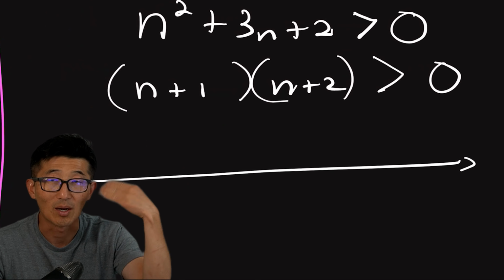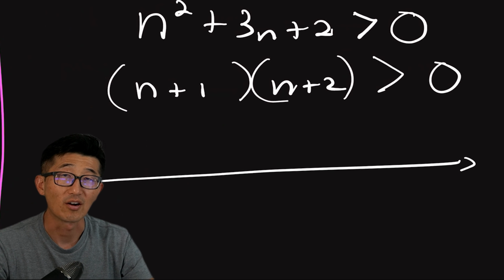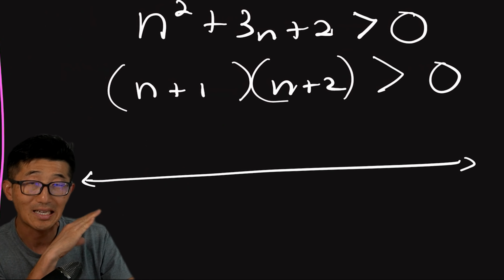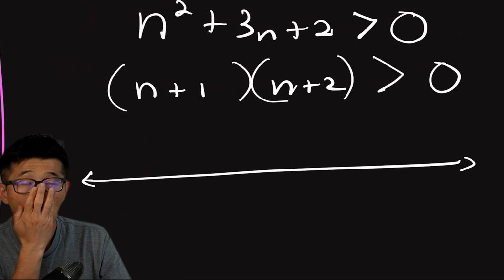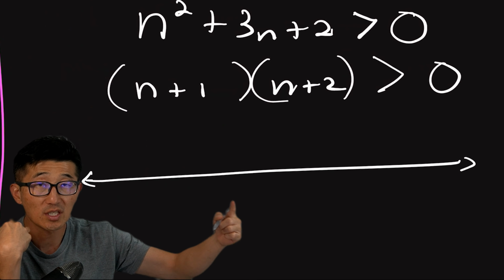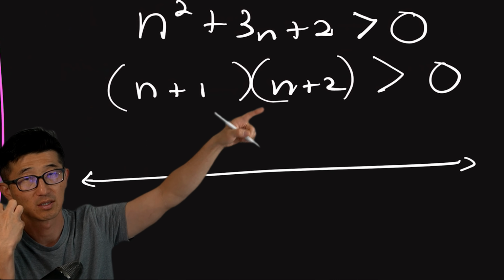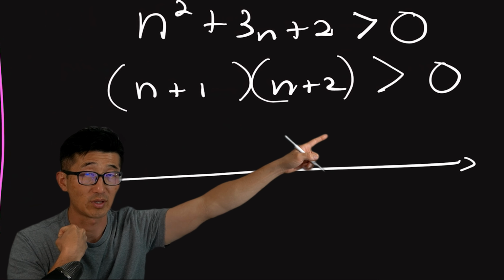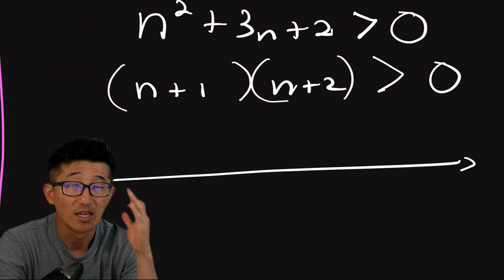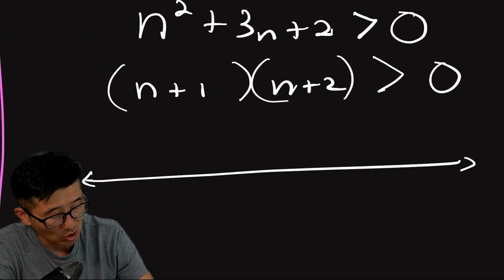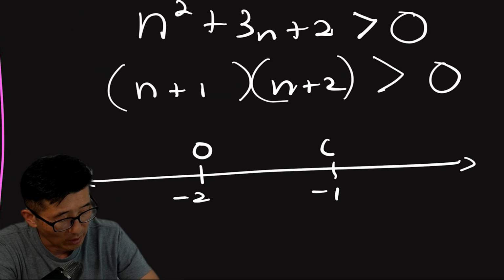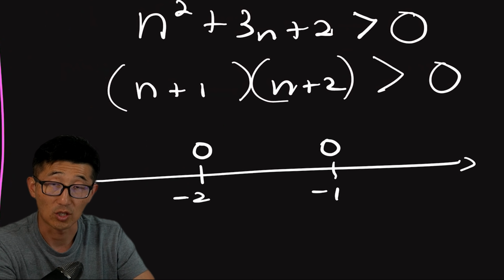Now, of the infinite possible numbers here, the first question we're going to ask is, what's going to cause this to become a what? 0. Now, we're looking for values that are greater than 0, but we're going to start with 0 first. Why? 0 becomes a reference. So at -2 and -1, we're going to get what? 0. Okay, does that make sense?